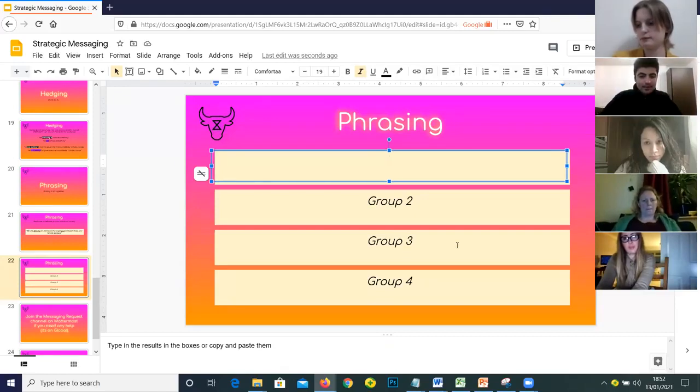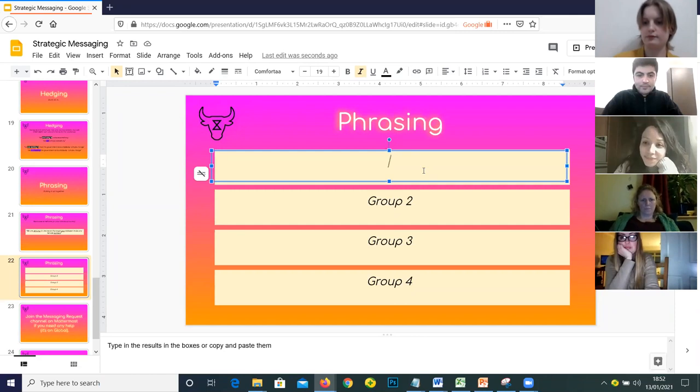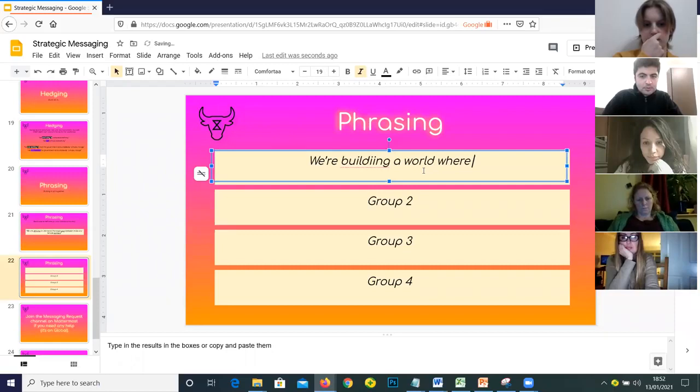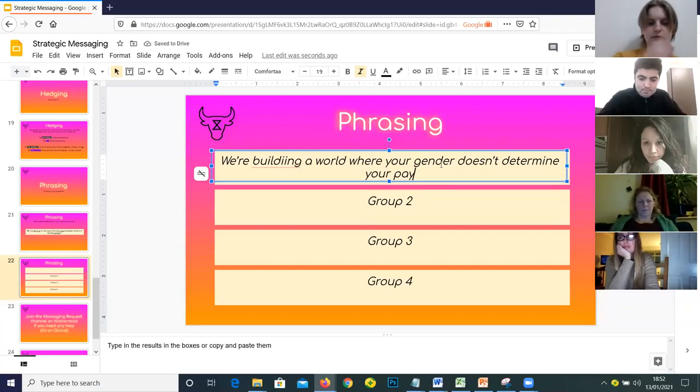We worked around a bit, and I feel like we could have had more discussion, but the last one we had was, we are building a world where your gender doesn't determine your pay. Sorry, slow computer. Awesome.